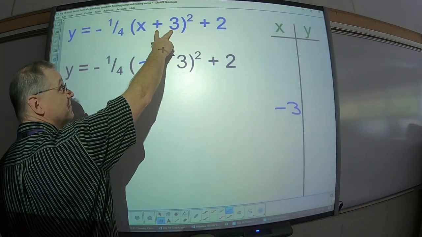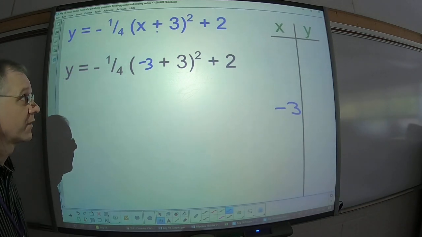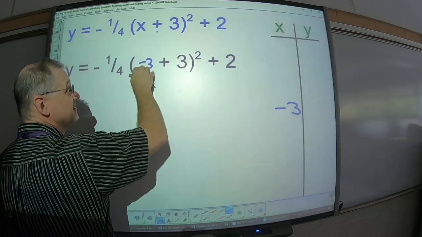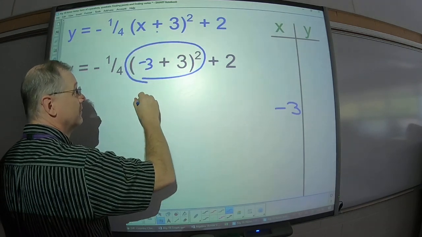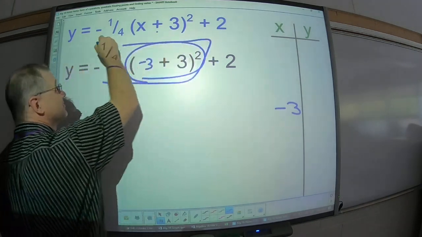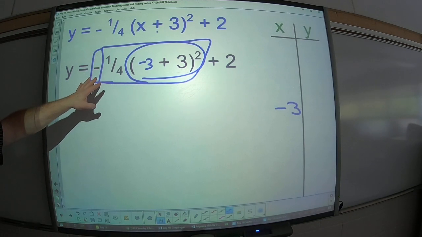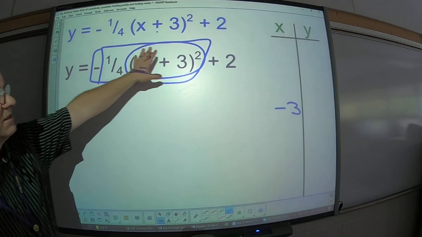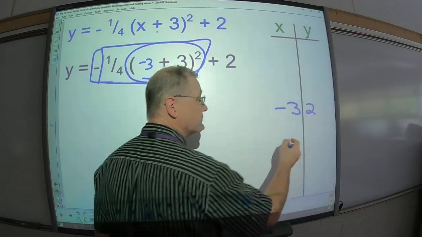The opposite of this is -3. -3 plus 3 is 0. If this is 0, then this whole part is 0. So 0 plus 2 is 2. There's my vertex.